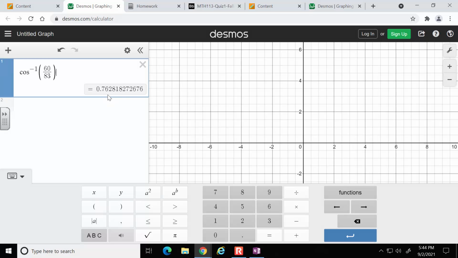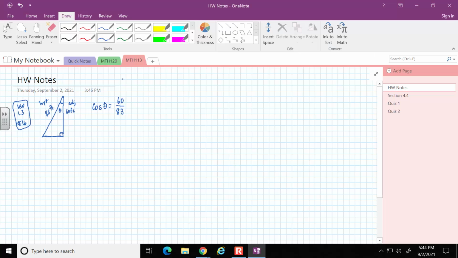Now that's in radians. I'm going to convert this to degrees because I'm used to using degrees here. If it's in radians, I want to multiply by 180 divided by pi. So I get 43.71 degrees or so.